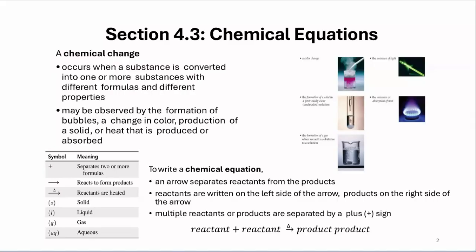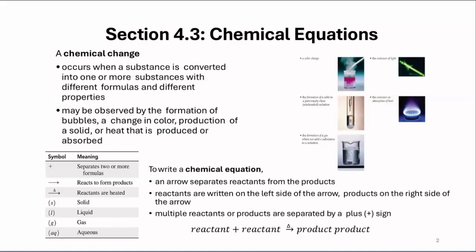In order to detect that a chemical change has occurred, on the right side of the slide, we have indicators of chemical changes, which include a change in color, the formation of a solid, in other words, a precipitate, bubbling because one of the resulting molecules is a gas, emission of light, or even emission, as you can see in the image, or absorption of heat.